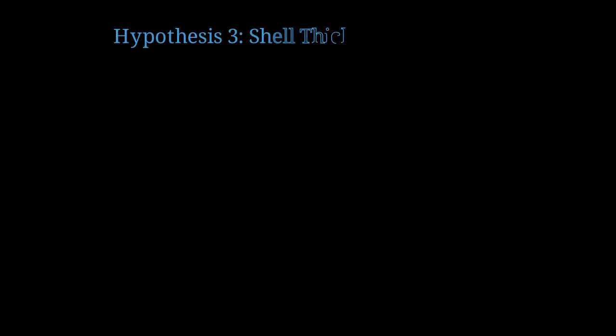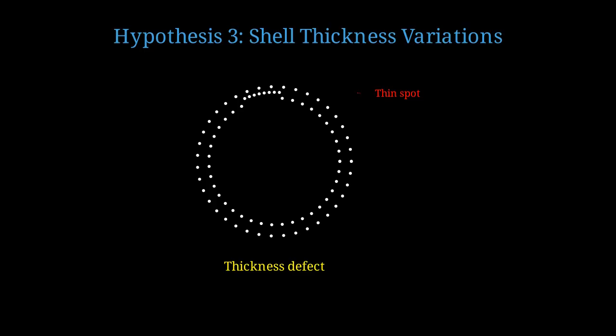The third hypothesis concerns thickness variations. Real microcapsules do not have perfectly uniform shell thickness. Local thin spots act as stress concentrators. This diagram shows a capsule with a thickness defect. The thin spot on the right side has locally higher stress concentration. Buckling will initiate at such defects at lower pressures than the uniform shell prediction.